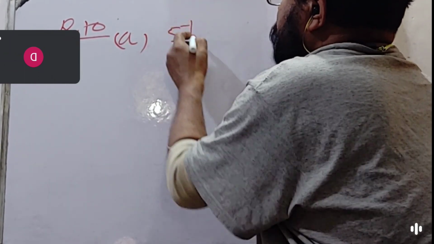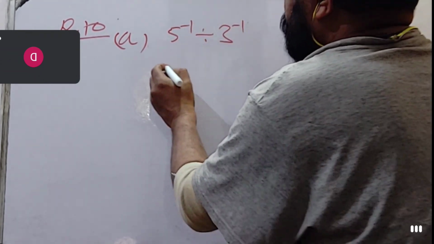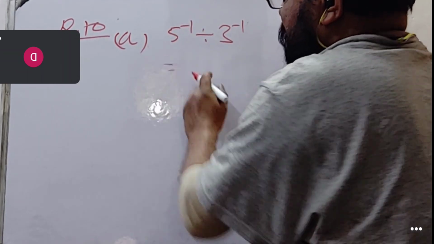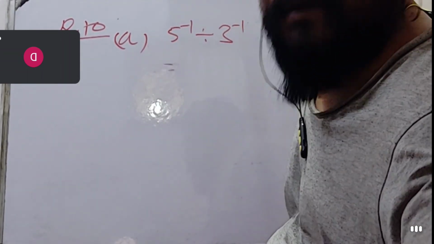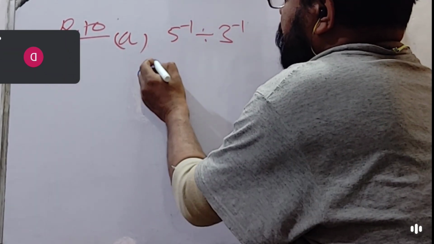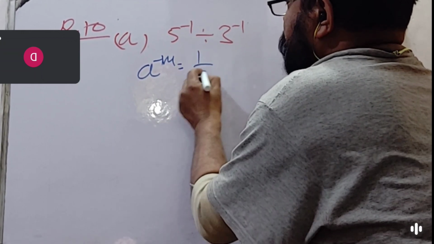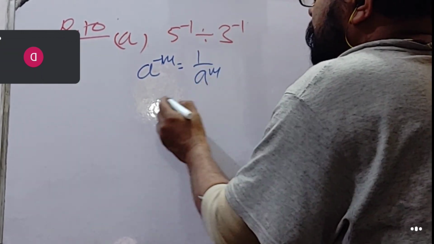Sorry, question number A. That is (5^-1) divided by (3^-1). So it becomes, here, a raised to the power minus m is equal to 1 upon a to the power m.